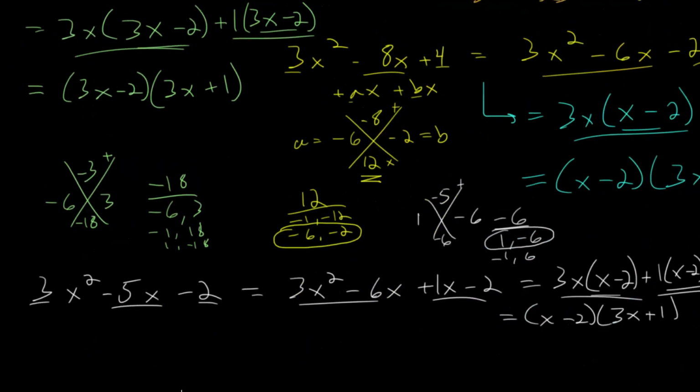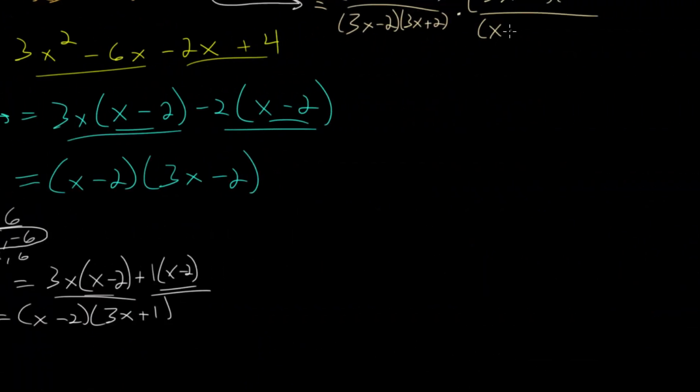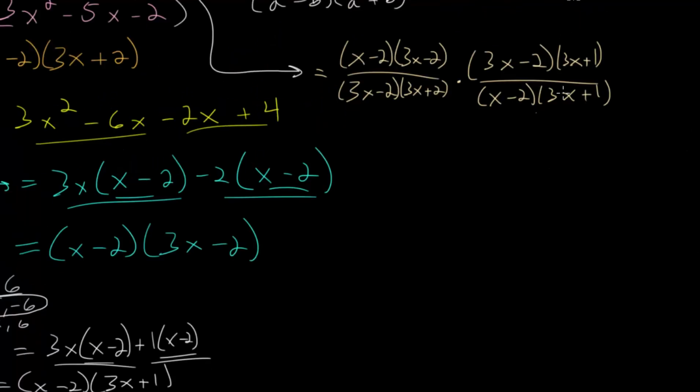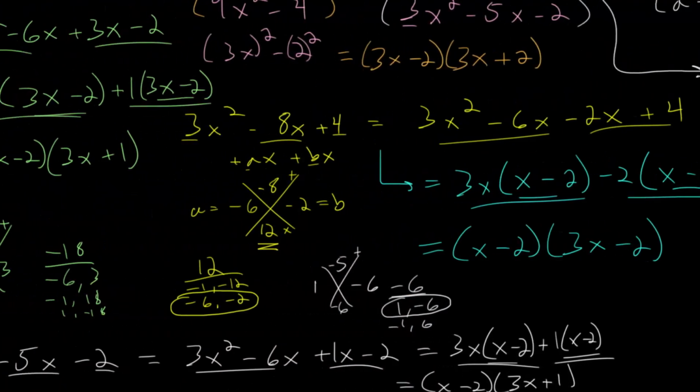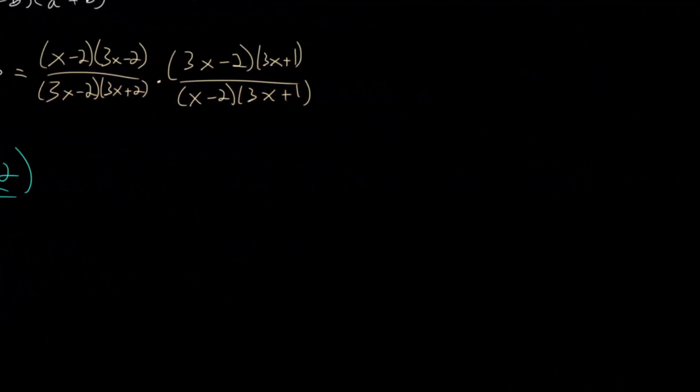That's x minus 2 multiplied by 3x plus 1. So x minus 2 and 3x plus 1. Let me just quickly make sure I did this top right one correctly. That was 3x minus 2 and 3x plus 1.